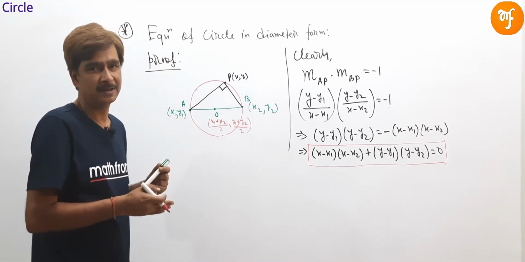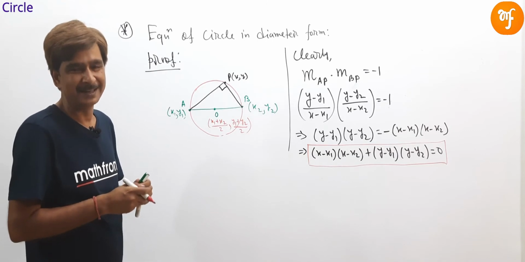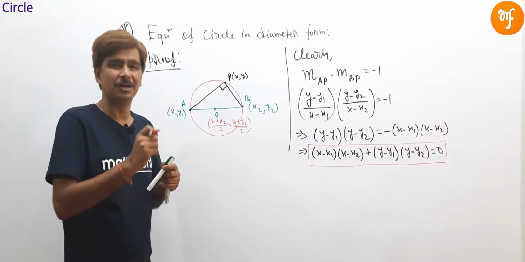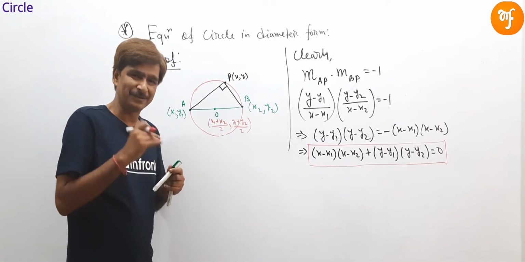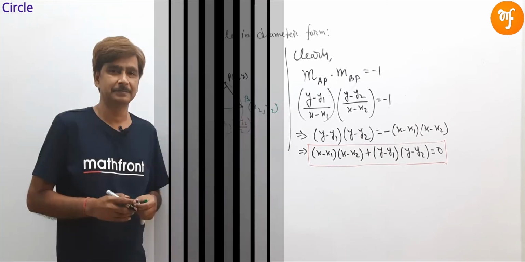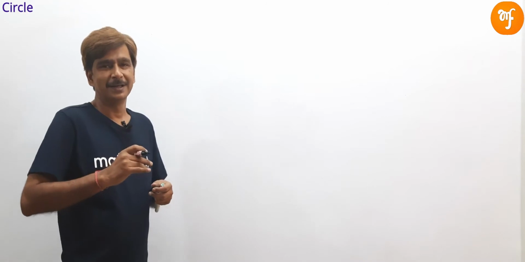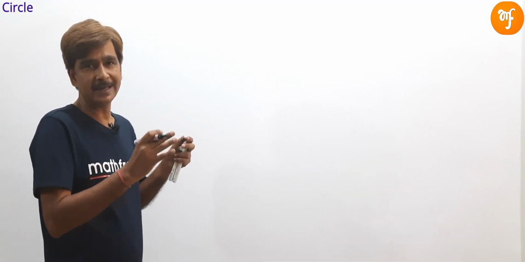Now we are coming to another concept on the circle, that is the length of the tangent drawn from an external point to the circle. Okay, so let's have a look. So friend, now we are discussing how to find the length of a tangent to a circle drawn from an external point.